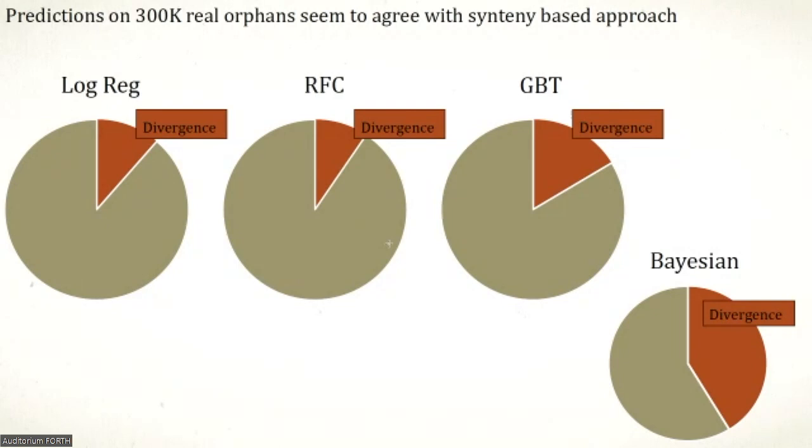We used our classifiers to predict, and we found that, again, only a small percentage is in the divergence class, where the classifiers predict this is how these genes originated based on their patterns in their BLAST matches. Apart from the Bayesian, but we established that this doesn't work as well.